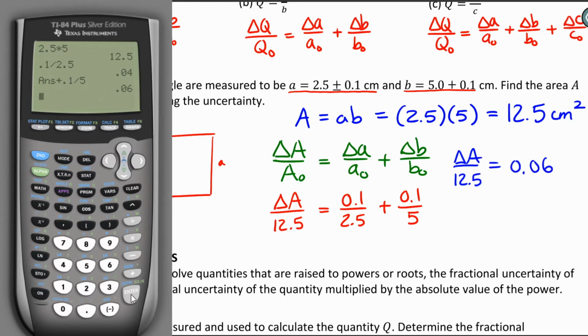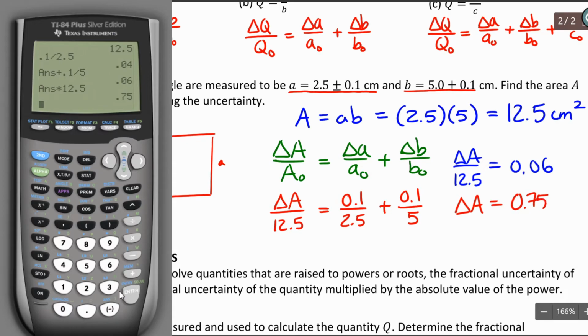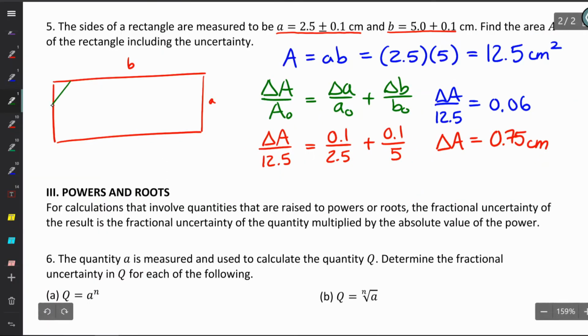To solve for the absolute error in A, the delta A, we just have to multiply both sides by 12.5. We end up with delta A equal to 0.06 times 12.5, and we get 0.75 centimeters.